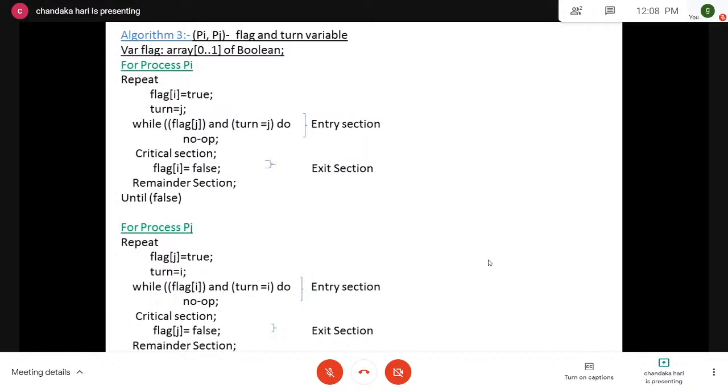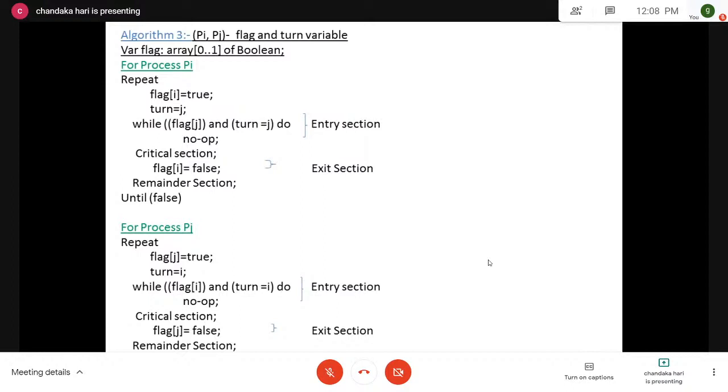Now, what are the conditions for entering into the critical section? If process PI wants to enter into the critical section, turn should be I and flag I should be true.